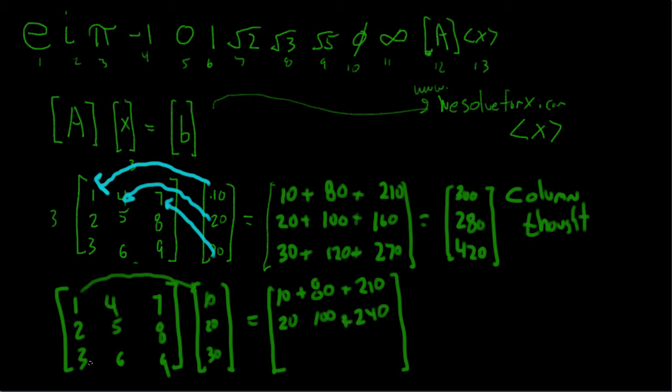And finally, I'm sorry, 3 times the first row plus 6 times the second row plus 9 times the third row. And in fact, these then turn out to be the same: 300, 280, and 420.